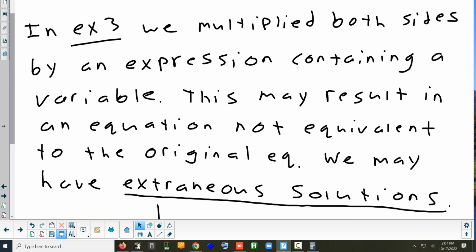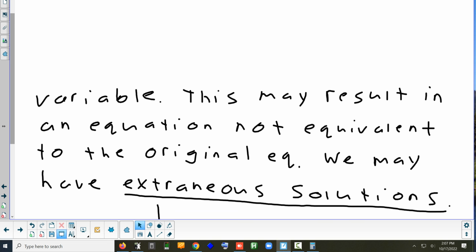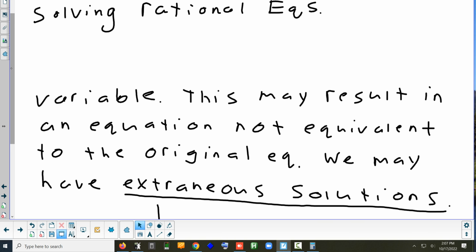I'm going to just change this a little bit. So this is solving rational equations.